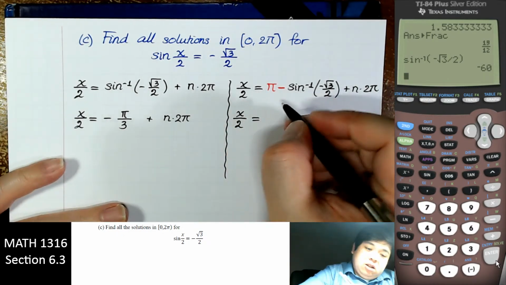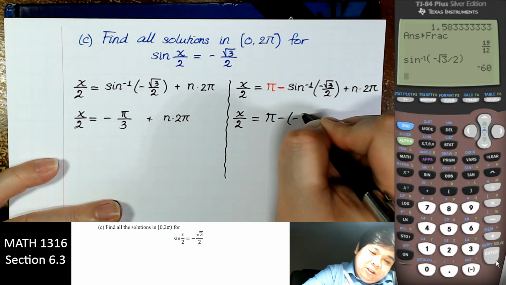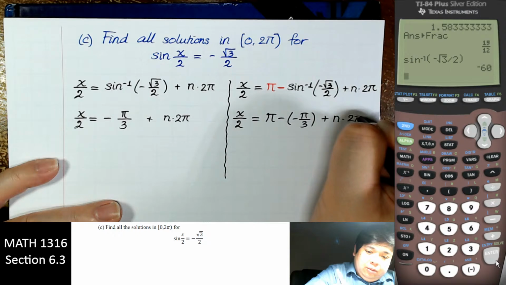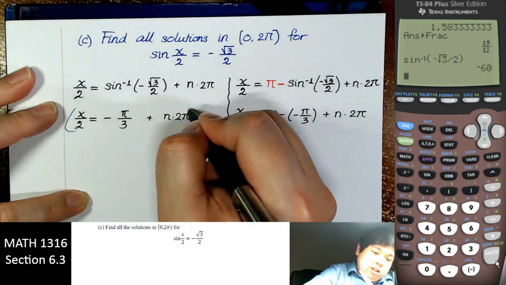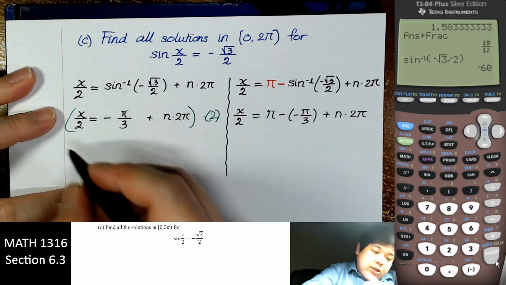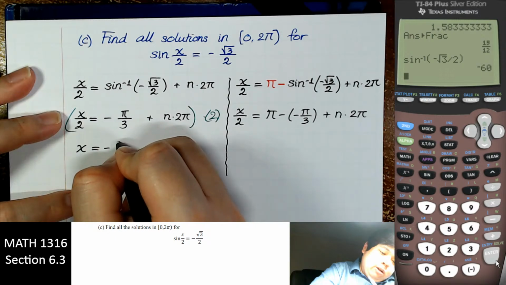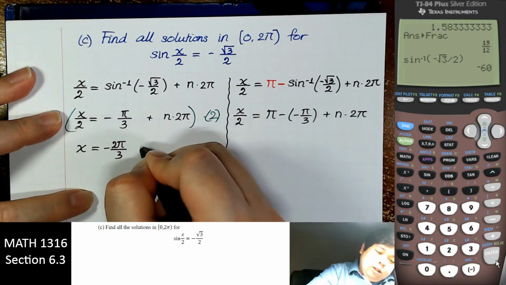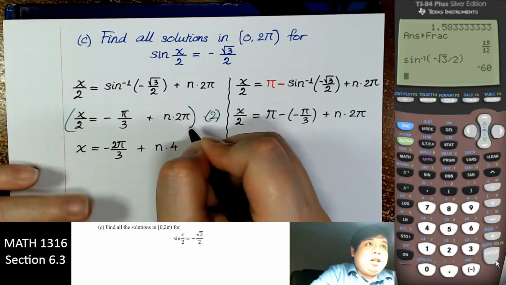And we have pi minus that. Right, to get back to x, multiply by 2, and so we have x equal to negative 2 pi over 3 plus n times 2 pi, so n times 4 pi.